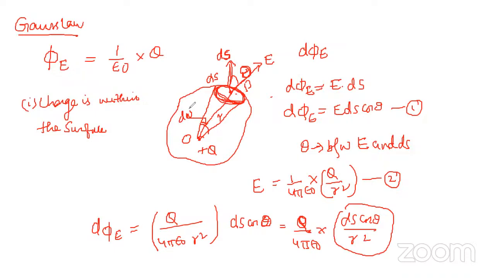So in place of ds cos theta by r square, we can write d omega. So now it becomes d phi is equal to q by 4 pi epsilon naught into d omega. So next I'll continue here.